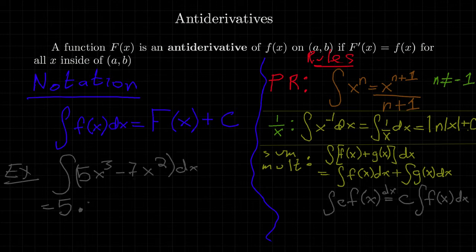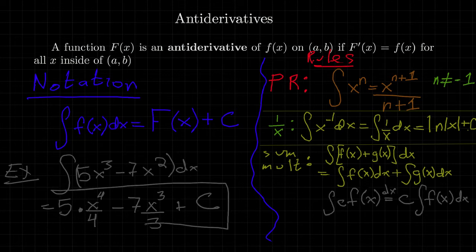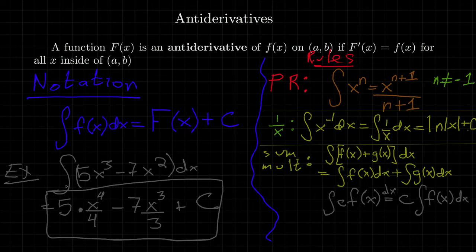So this one, I'm going to use the power rule, which means I'm going to add 1, so x to the 4 divided by 4, and then minus, again, 7 stays, x to the 2 plus 1, which is 3, all over 3, and then don't forget your plus c. That's my answer for that.